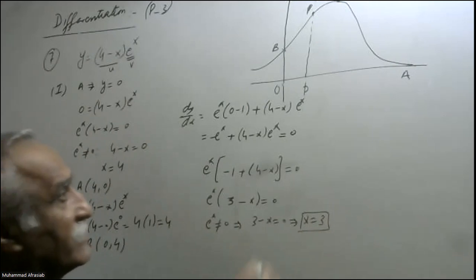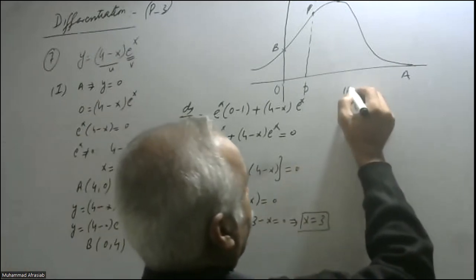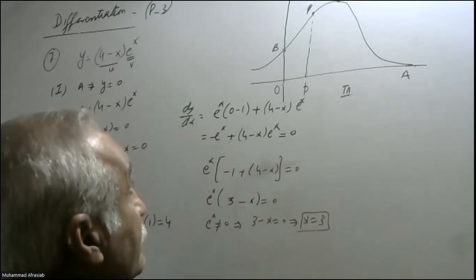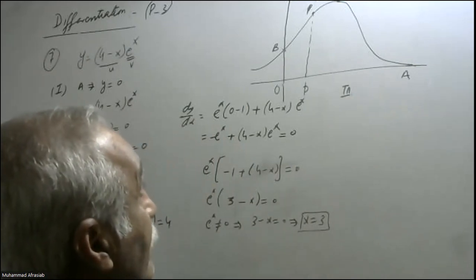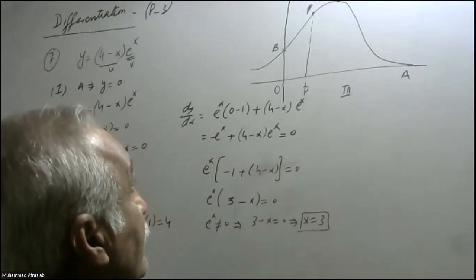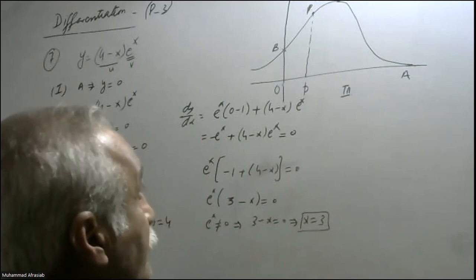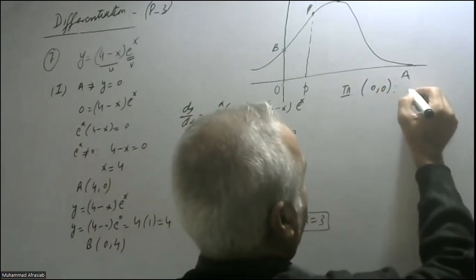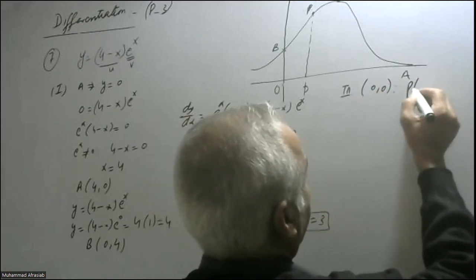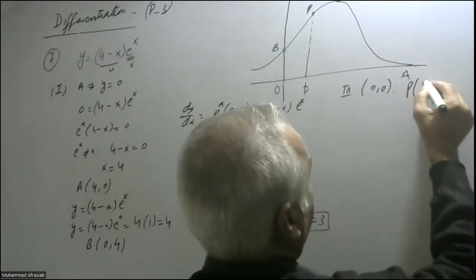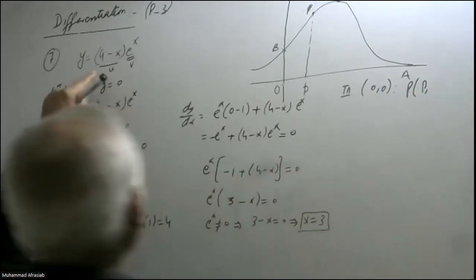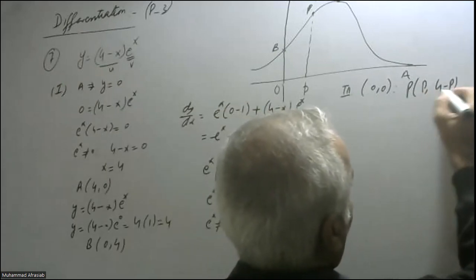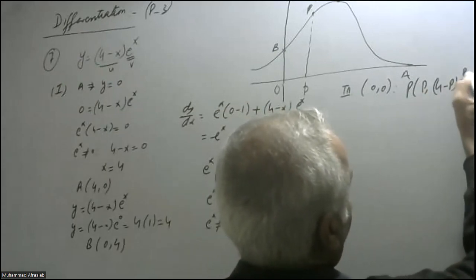Then in the next part, they say that P lies on the curve and O is the point (0, 0). So since O is (0, 0), the x coordinate for the point P is p, and the y coordinate is (4 minus p) e power p.